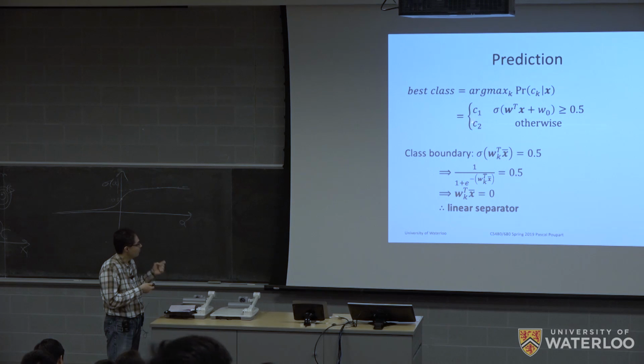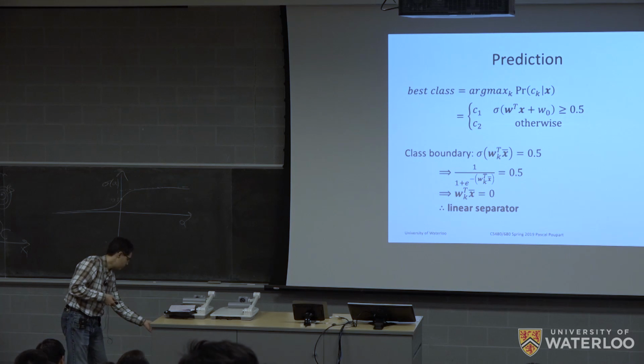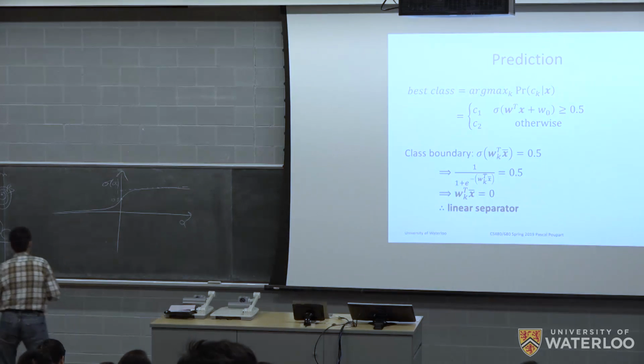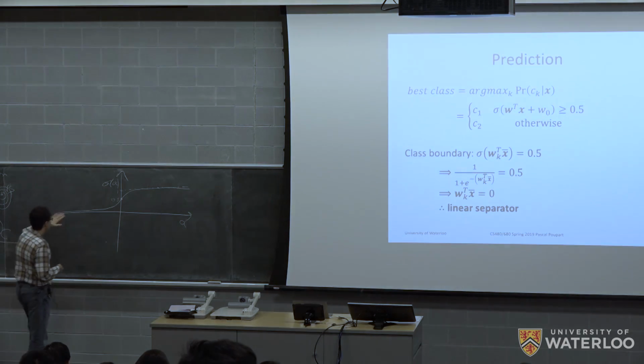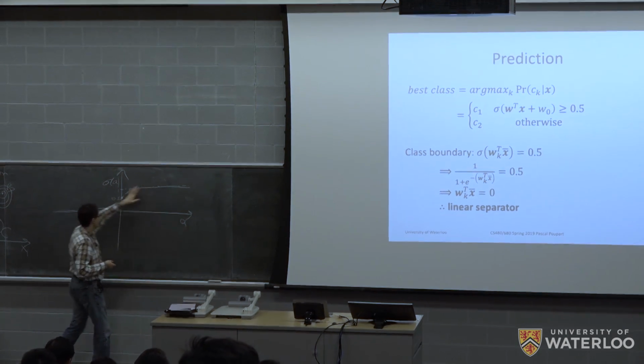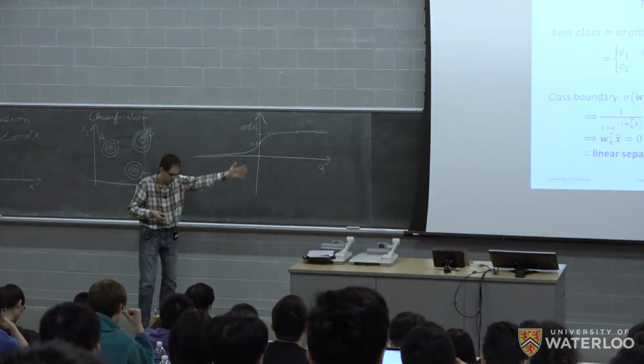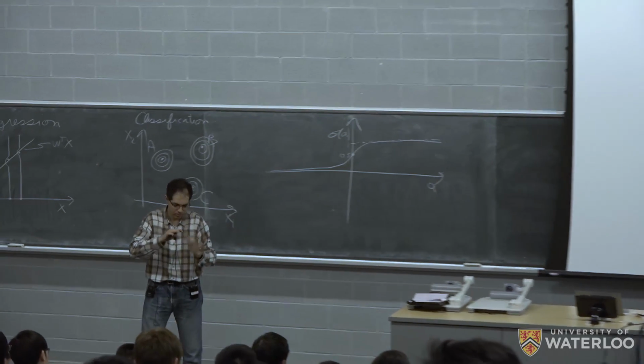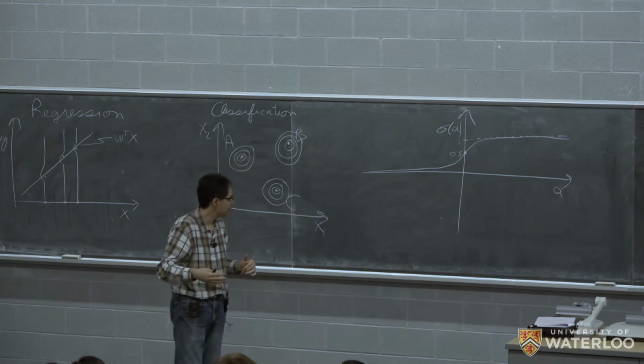And then if there's really just two classes, we would select class 1 when the logistic sigmoid is greater than 0.5 and class 2 otherwise. So if I go back to the board, we could imagine that this is our logistic sigmoid for computing the posterior probability.